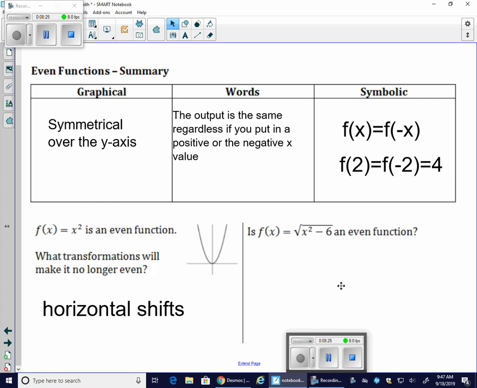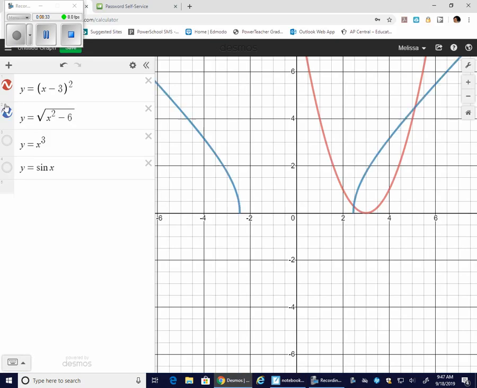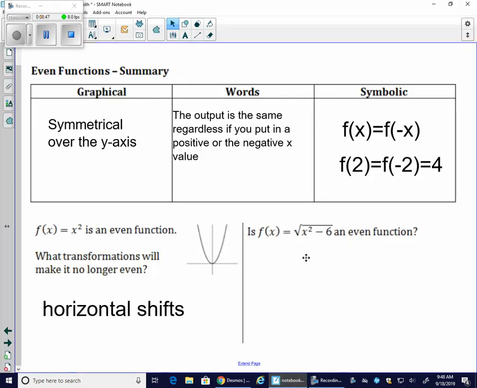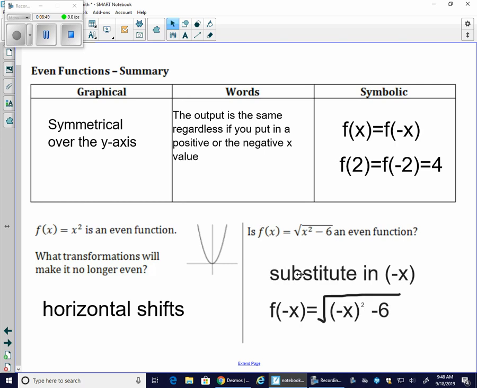One more function we're going to look at is f of x equals the square root of x squared minus 6. I've got this already plugged into Desmos. Graphically, it does look like it's symmetric with that y-axis. So graphically, I'm already seeing, okay, this does look like an even function. Let's think about it algebraically. Let's say I substitute in negative x.